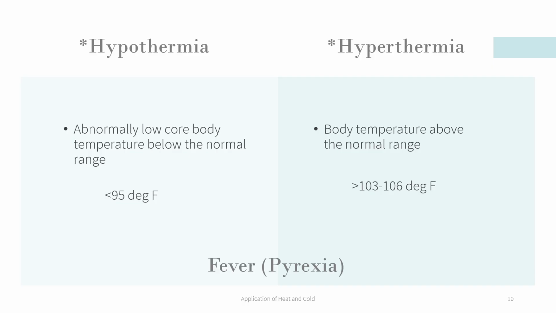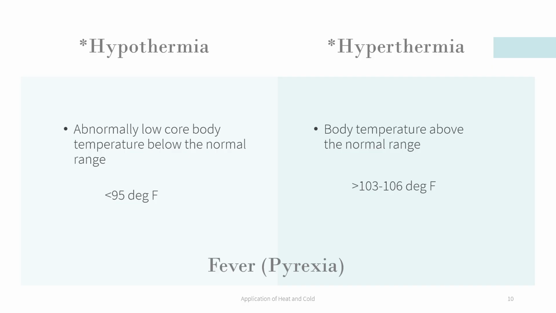So the difference between hyperthermia and pyrexia is that hyperthermia is a systemic issue that cannot be regulated by the hypothalamus. So in these cases of hypothermia and hyperthermia, these both reflect the body's inability to regulate temperature systemically.